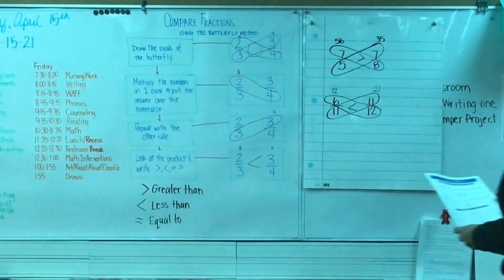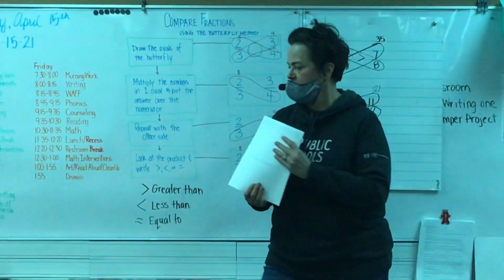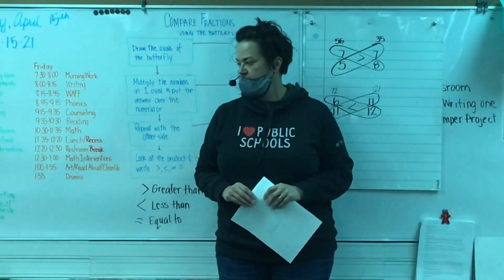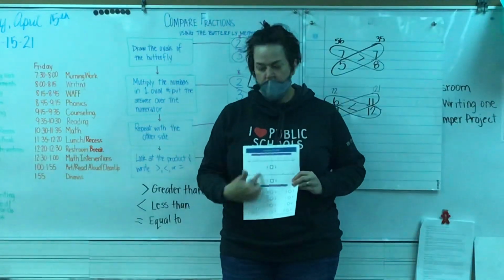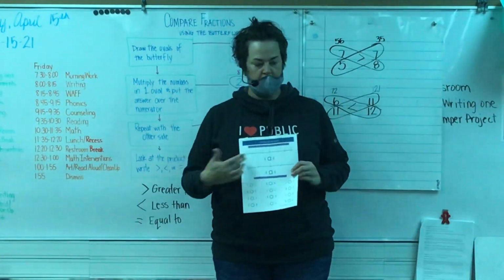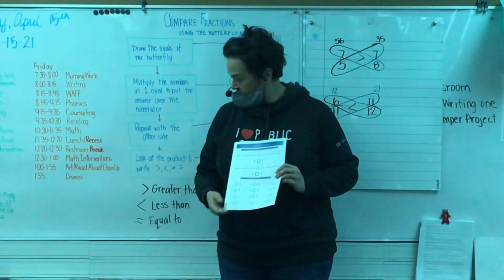You're going to compare these fractions. Are you ready to listen? Okay. You're going to compare these fractions. Now, the first two are using a number line, so that's going to be pretty easy.